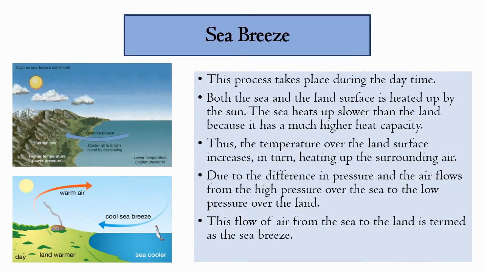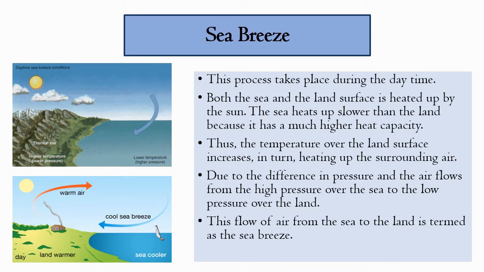Sea breeze. This process takes place during the daytime. Both the sea and the land surface are heated up by the sun. The sea heats up slower than the land because it has a much higher heat capacity.